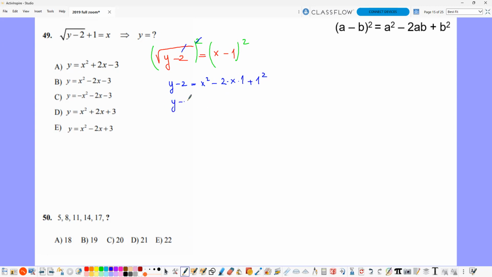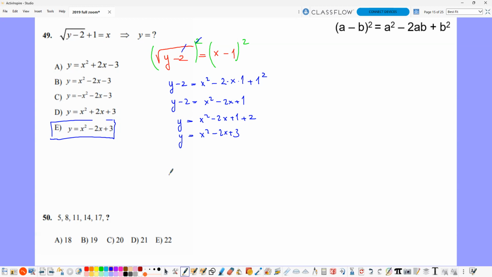It's going to be y minus 2 is equal to x squared minus 2x plus 1. Y is equal to x squared minus 2x plus 1 plus 2, which is equal to 3. Y is equal to x squared minus 2x plus 3, it should be, which is E.